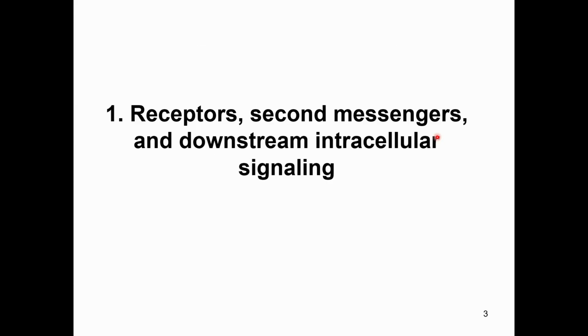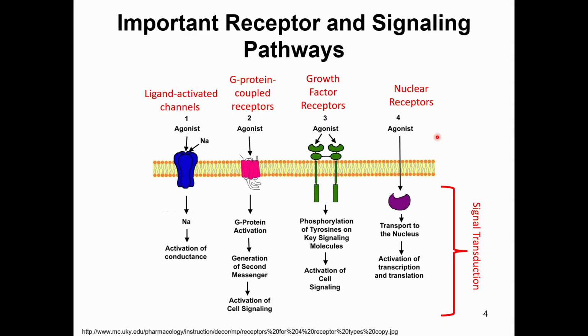Okay, so first let's talk about receptors, and we're going to get into second messengers and what goes on downstream of the receptor. Once again, you've seen this slide before. It talks about different types of receptors: GPCRs, ligand activated channels, growth factor receptors, and nuclear receptors.